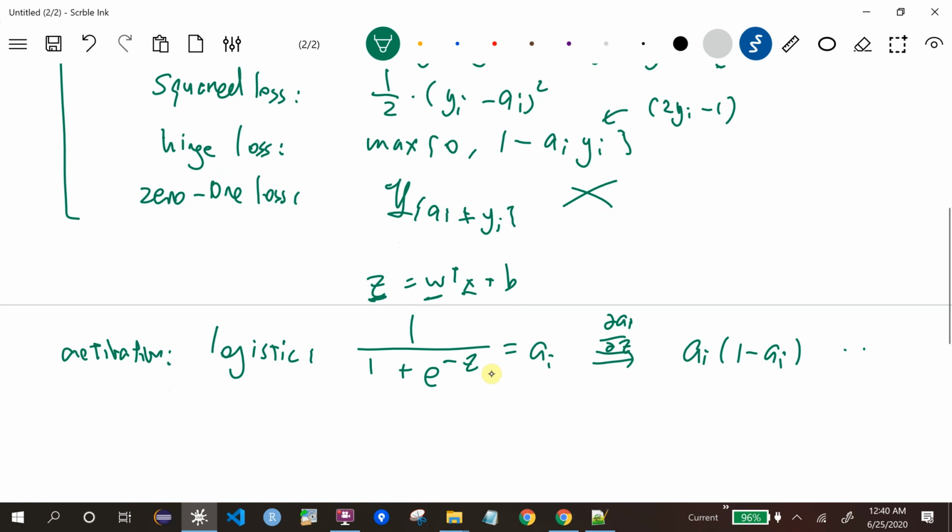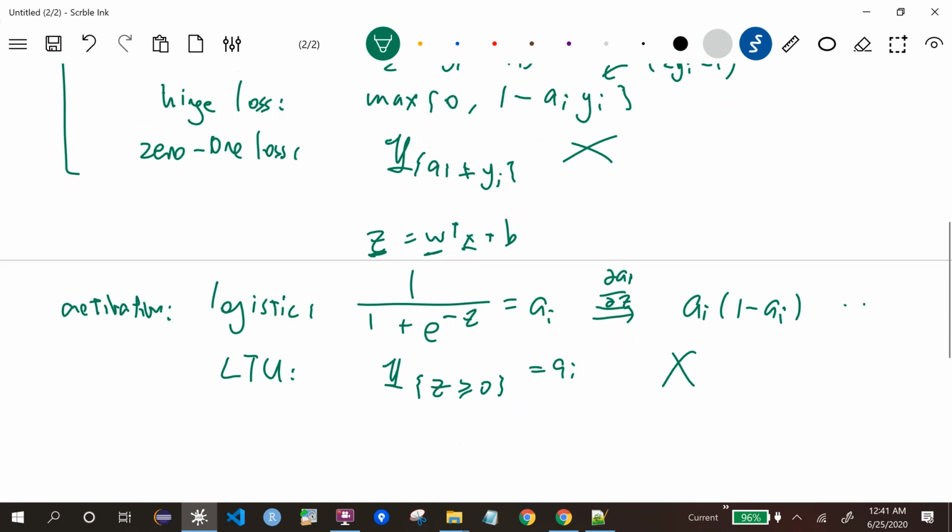And what's the other one that we have as activation? I know there's the LTU, but LTU is not differentiable, so we don't use it often. LTU is basically whether z is larger than or equal to 0. That's our a_i. And again, differentiating this doesn't make sense. It's 0 everywhere, so we're not going to do that.